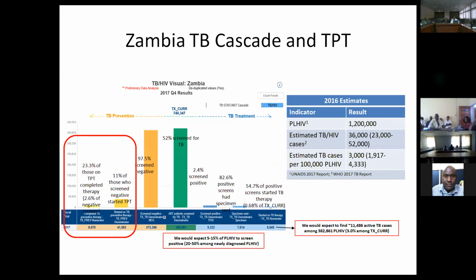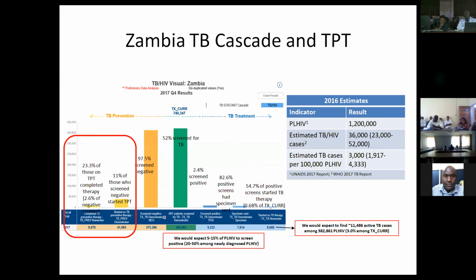So what this indicates is that all these 97.5% were supposed to be on isoniazid preventive therapy. But if we look at the data, only 11% were initiated on isoniazid preventive therapy, which shows that we are not doing very well. Despite screening about half of HIV-infected persons, out of almost 100%, only about 10% are we initiating on isoniazid preventive therapy.